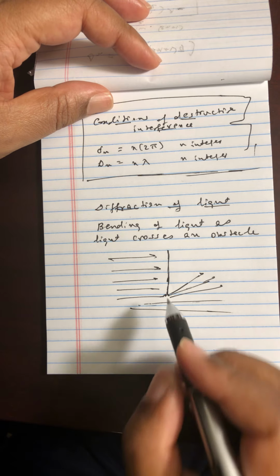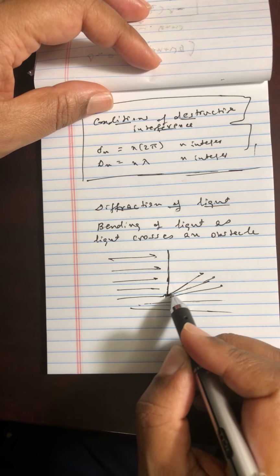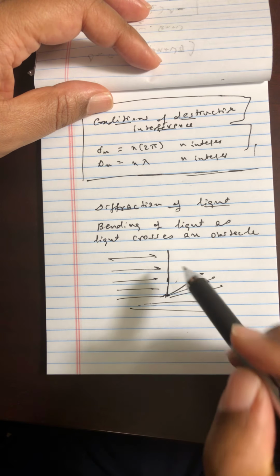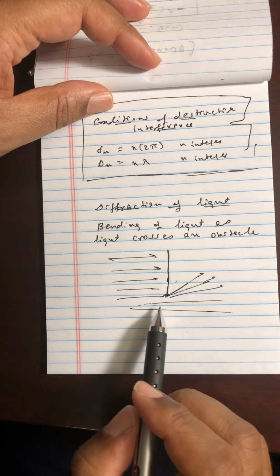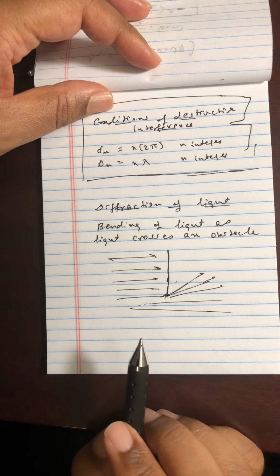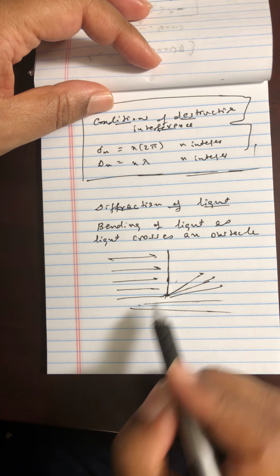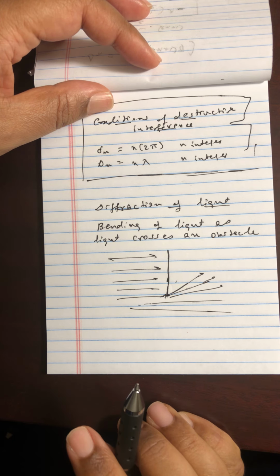Even though there's a barrier, the light bends when it crosses an obstacle. Such a process is called diffraction. Diffraction is the bending of light as it crosses an obstacle.